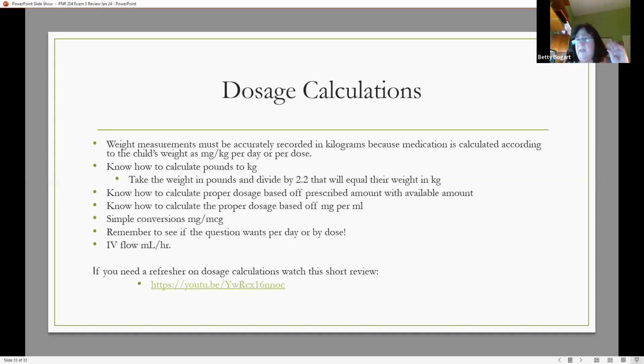Just remember that you have to have the same thing that you're giving, what dose you're giving, and the same thing in the medicine. So milligrams and milligrams, not grams and milligrams. Always make sure when you're done figuring out that question, did we want it per day or did we want it per dose? Now, there is a little refresher video down here.